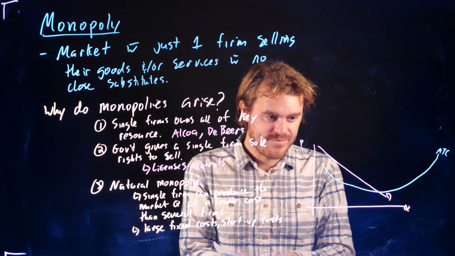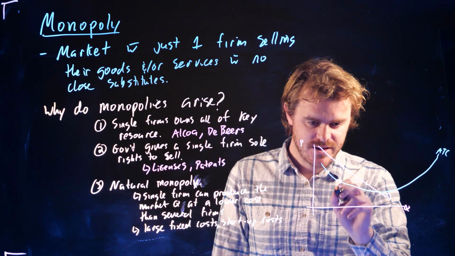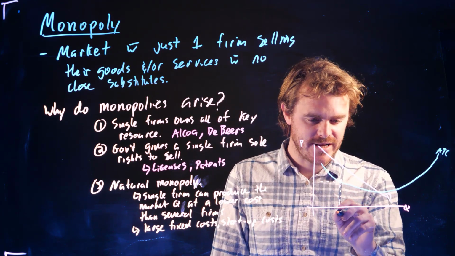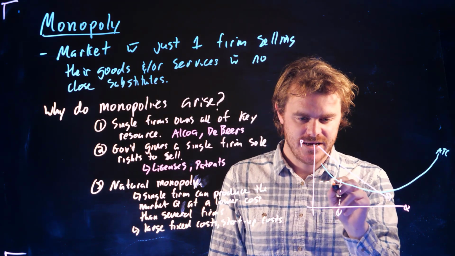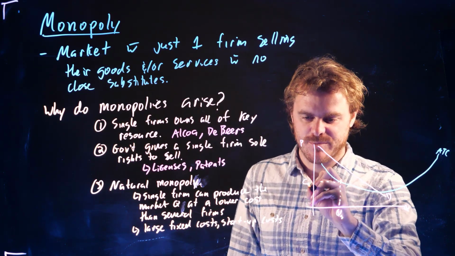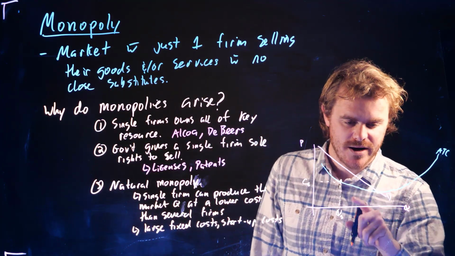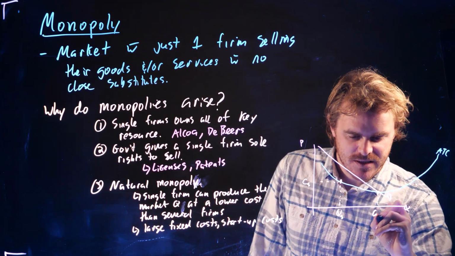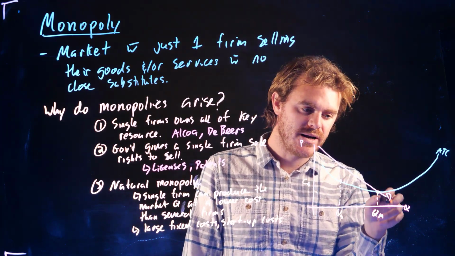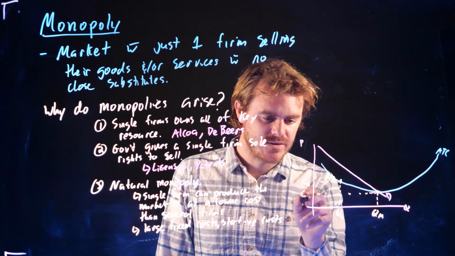And so here, this is how much we produce, this would be the cost of production. So if you have several firms and they split up this market and they each produce this smaller amount, this would be the cost of production for, let's say, S. But a single firm producing the entire market quantity, this natural monopoly, they could produce the whole quantity for the market at a lower cost per unit.